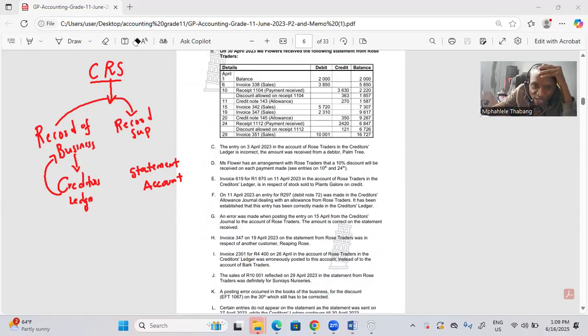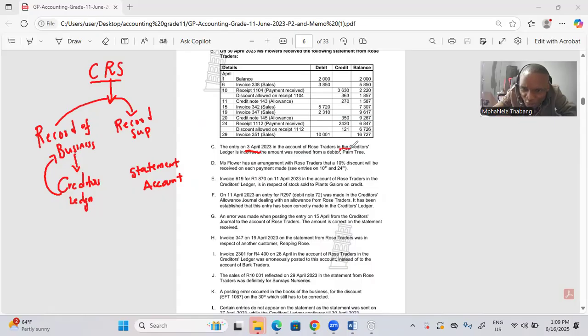The information C says the entry on 3 April 2023 in the account of Rose Traders in the creditors ledger.